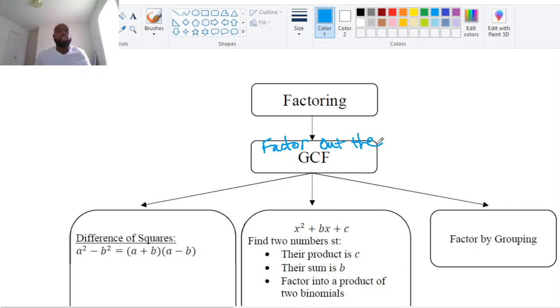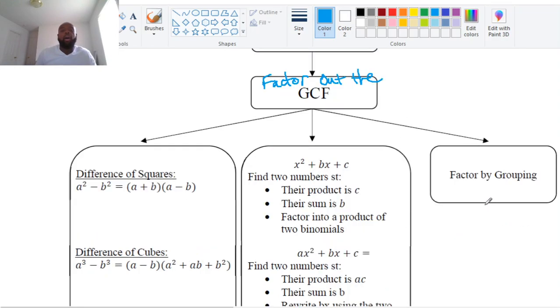No matter what polynomial you have, try to factor out a GCF if you see a GCF in that polynomial. All right, after you factor out the GCF, you're going to look at the number of terms that your polynomial has. Your polynomial can have 2 terms, 3 terms, or 4 terms.